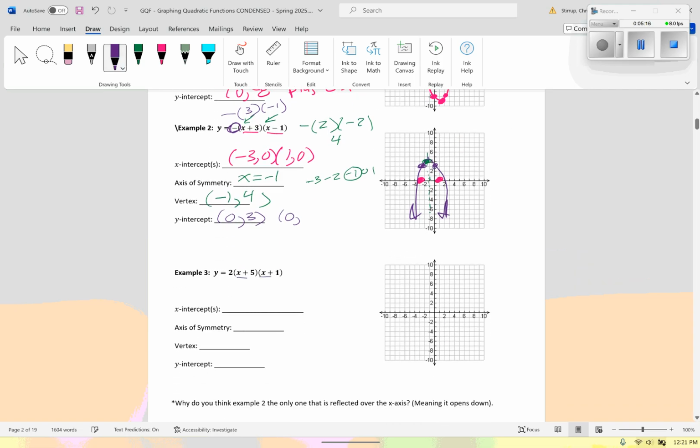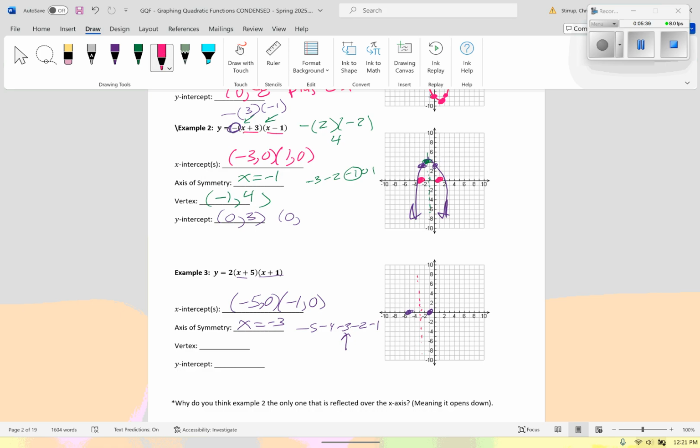This one, I'm going to take the opposite of this and opposite of that. So I have negative 5, 0, and negative 1, 0. So negative 5, 0 is here. Negative 1, 0 is here. So I have negative 5, negative 4, negative 3, negative 2, negative 1. This is in the middle. So my axis of symmetry is that. So I'm going to just plot this.